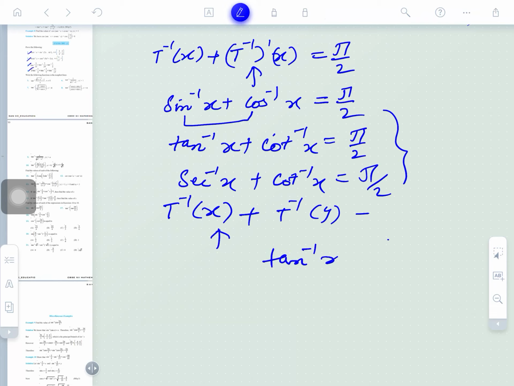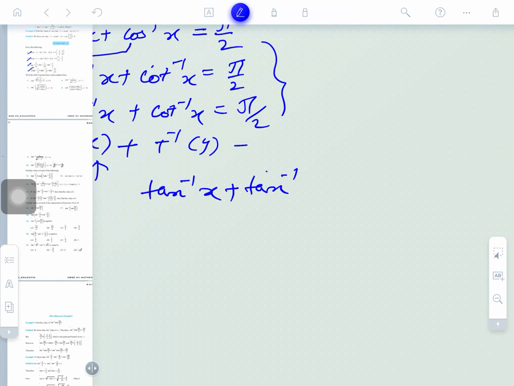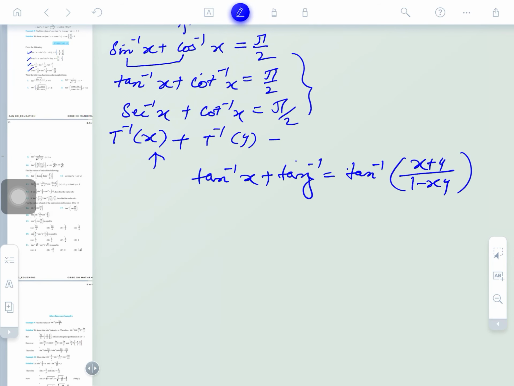So tan inverse of x plus tan inverse of y is equal to tan inverse of (x plus y) by (1 minus xy). Clear? This is the identity we have discussed.